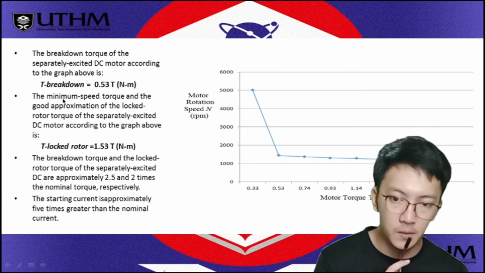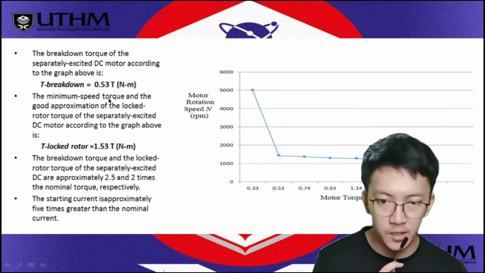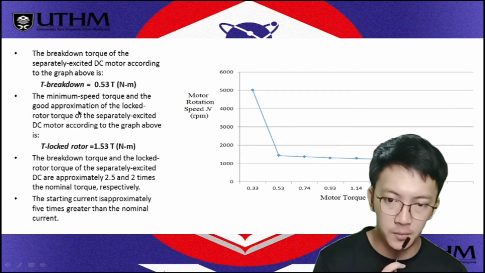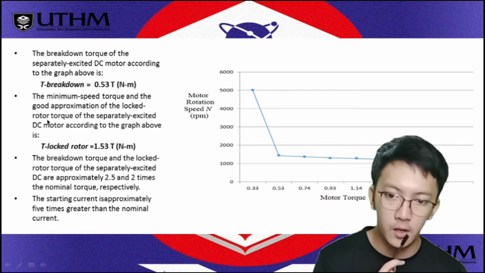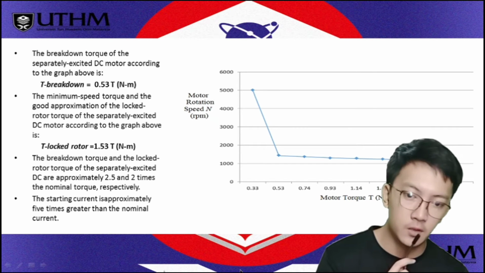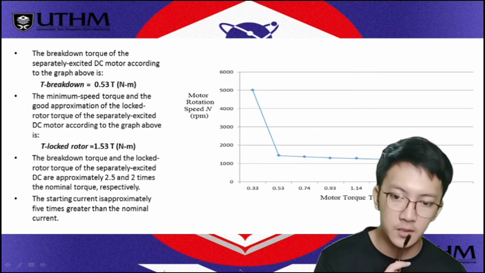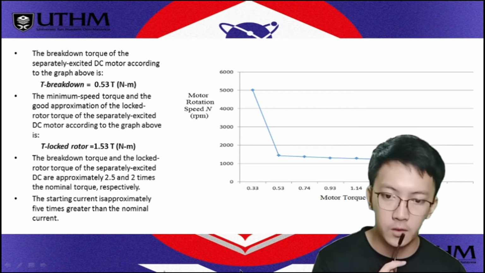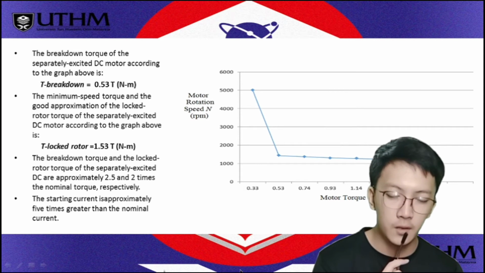and next, the minimum speed torque and the good approximation of the locked rotor torque of the separately excited DC motor according to the graph above is T locked rotor 1.53 T Nm.